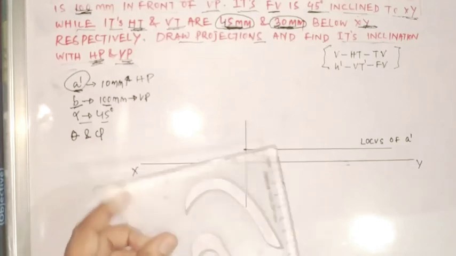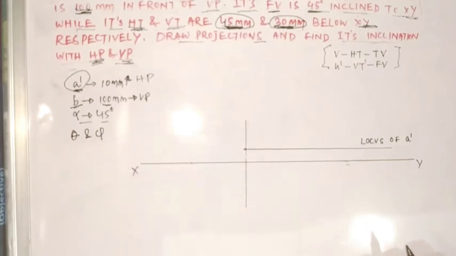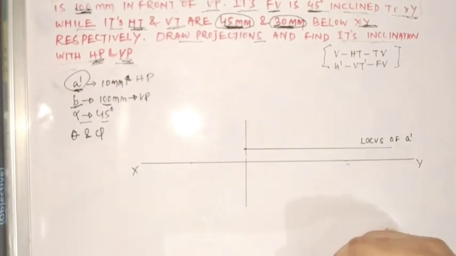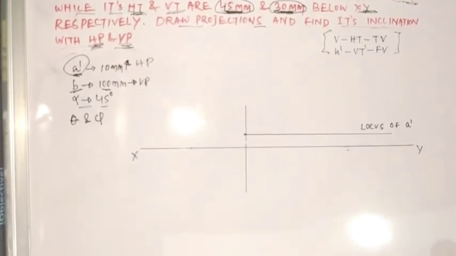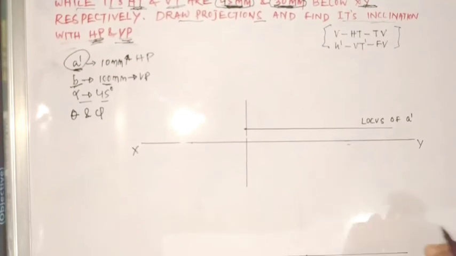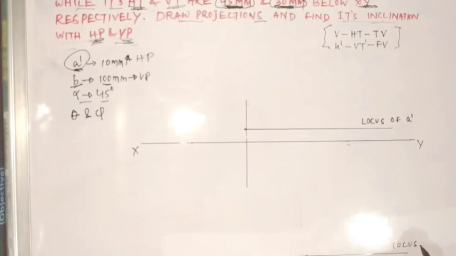Then I can draw the locus of B, so let me draw a horizontal line here. Somewhere on this line our B point will lie. So I write this as our locus of B.